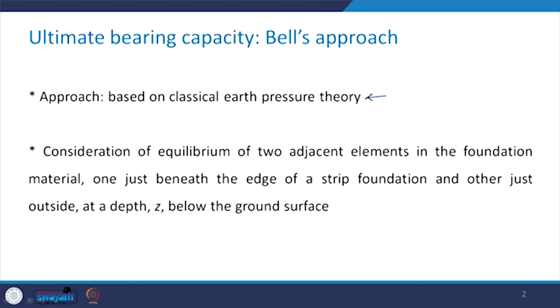Here there is going to be the consideration of equilibrium of two adjacent elements in the foundation material. One element would be taken just beneath the edge of a strip foundation, and another one would be taken just outside it, and these elements would be taken at a depth z below the ground surface where the footing would be placed.